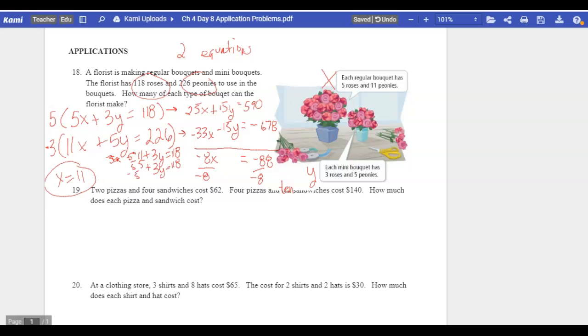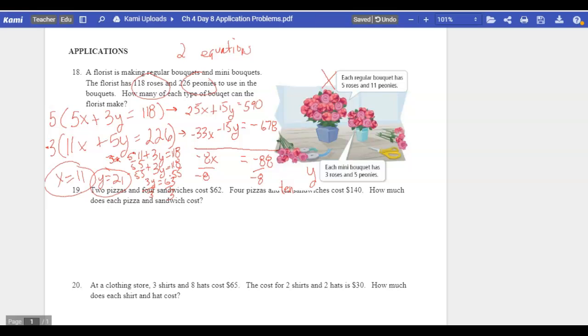I subtract 55. So 118 minus 55 is 63. So 3y equals 63, divide by 3, and I get y equals 21.